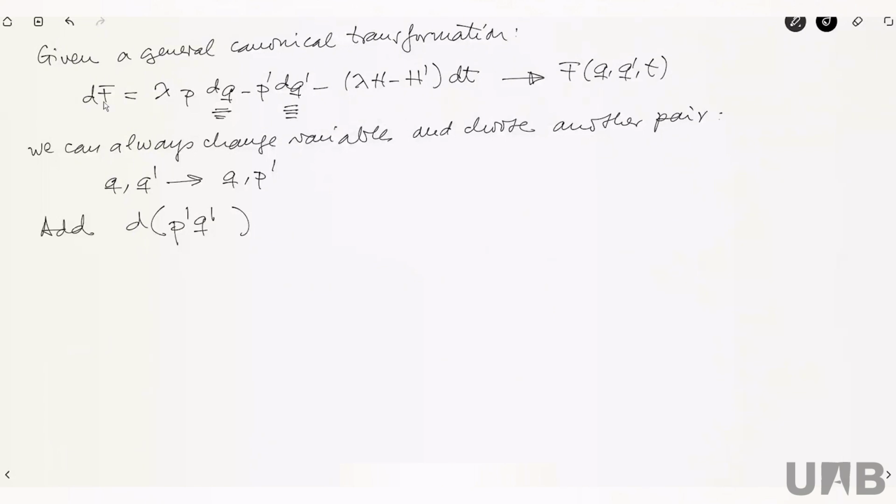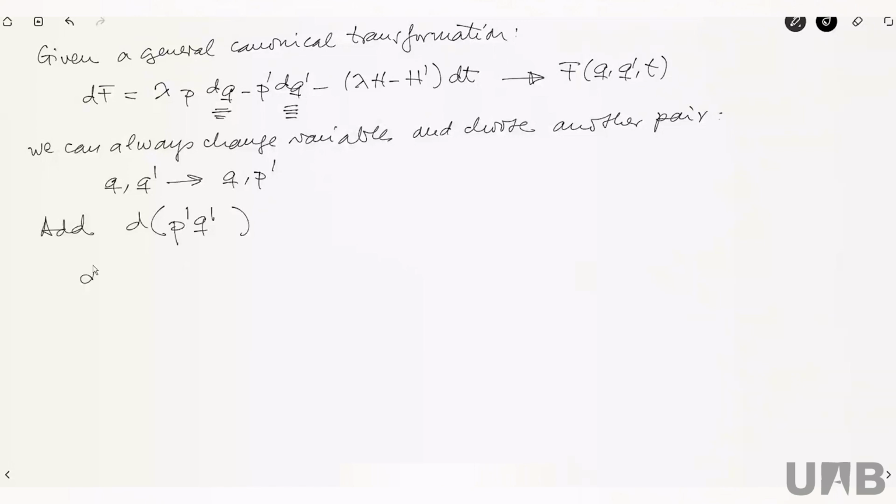Remember that the generating function appeared in the definition of a canonical transformation because in the action we can always add the differential of a function of p's and q's, right? That's how the generating function appeared on the very first slide in this subject. So now we add this term, we can also add freely this term. Nothing is going to change except that we're going to change variables.